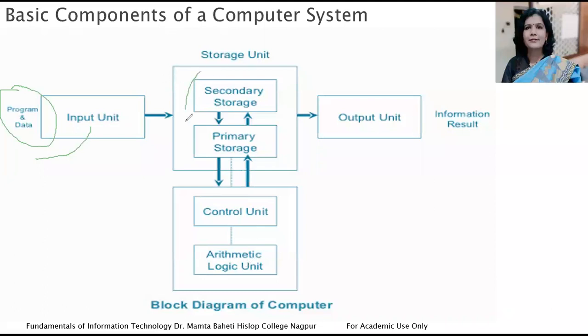This memory is divided into two parts, secondary storage and primary storage, then control unit and arithmetic logic unit, and finally the output goes to the output unit. So this is the block diagram, and finally from the program and data that you have given to the input unit, you will get the information or result after doing the processing on it.